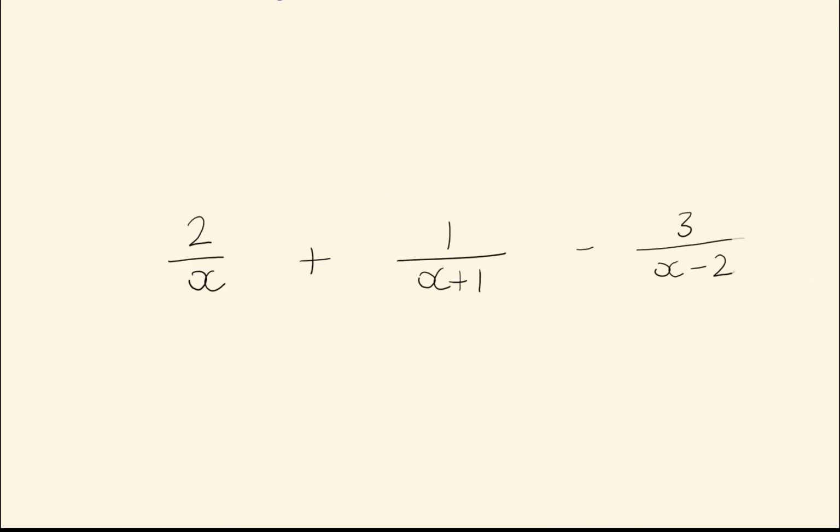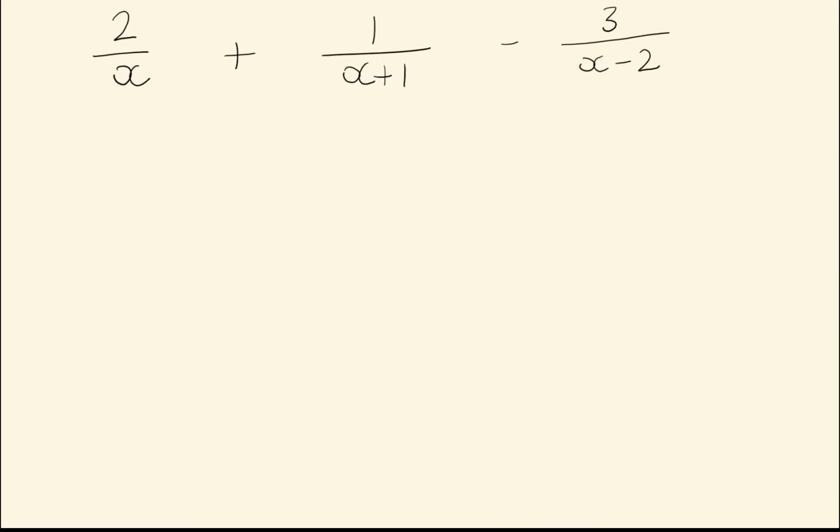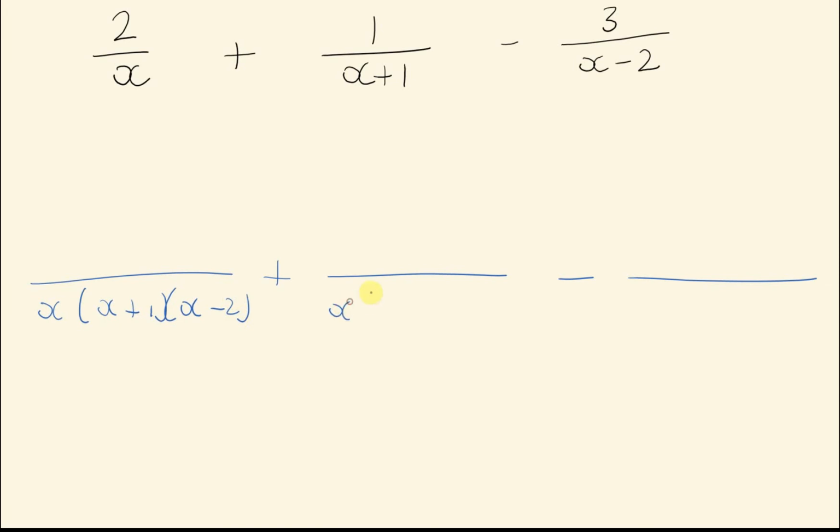One more case that you'll occasionally see, that is where you have 3 terms to add or subtract. I would say just do this all in one go. I'm going to find one big common denominator, and that is going to be all my 3 terms times together. So x plus 1, x minus 2. I do that for all of them, and now I need to work out the numerators.